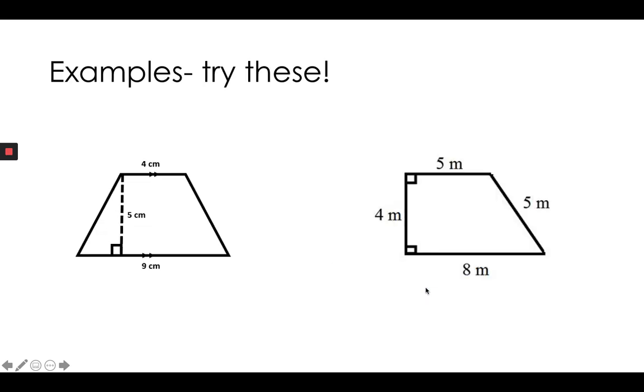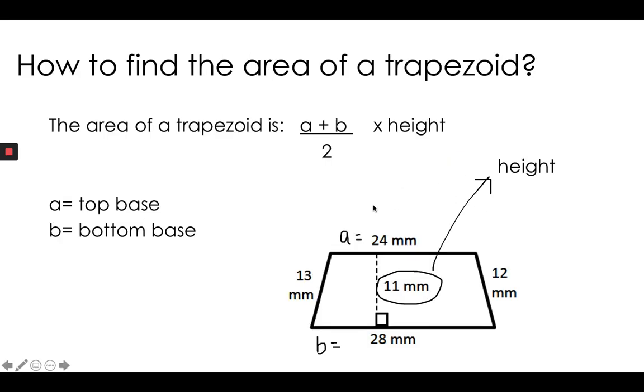So now let's figure it out. If you have 24 millimeters plus 28 millimeters, and you can use a calculator for these, you get 52 millimeters. I'm just going to write that on the side. Let's go 24 plus 28, and you get 52.